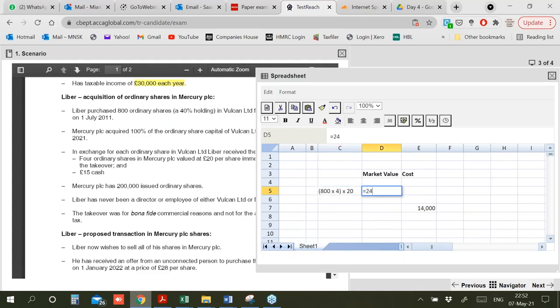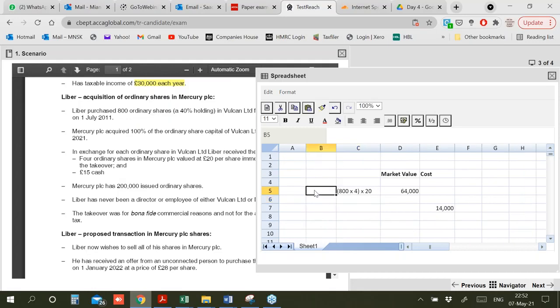So 3200 times 20, 64,000 is the market value of the shares I have received. I am not currently apportioning the cost. I'll explain later how I will apportion the cost. This is the market value of the new shares that I have received, so I'll write shares here.